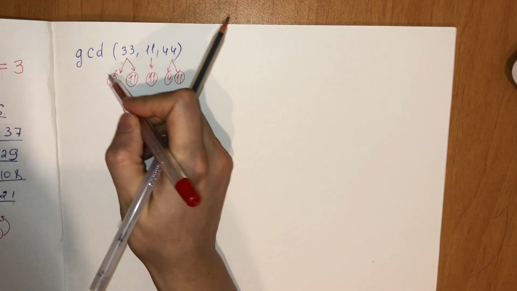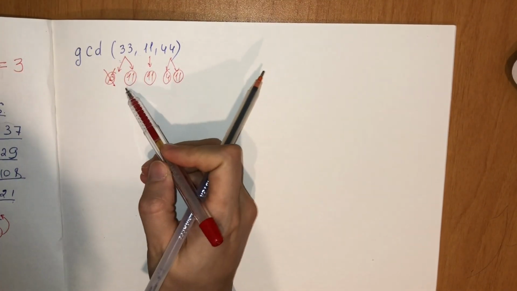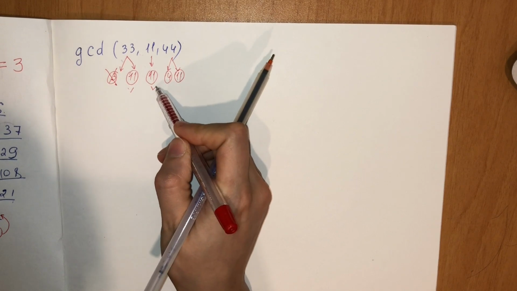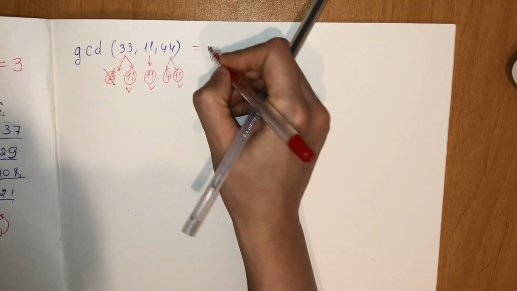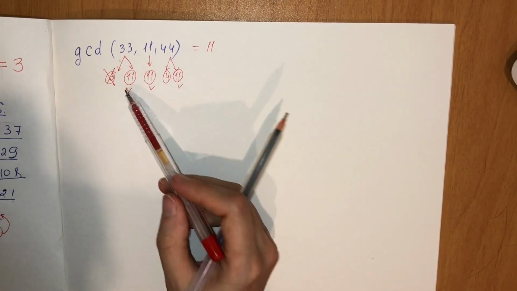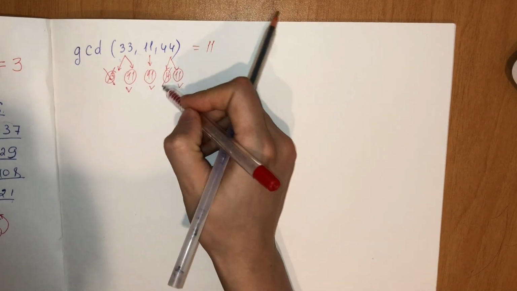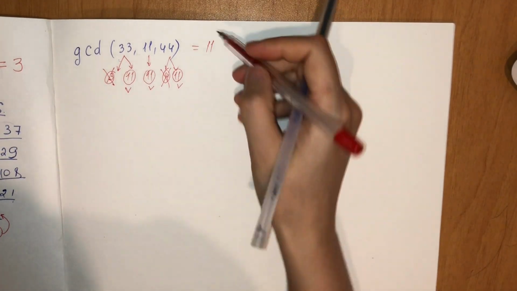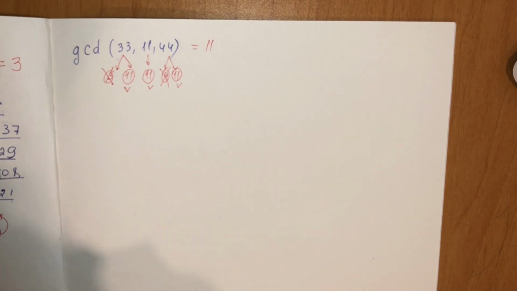So 3 is not included. 11: yes, 11 is here, 11 is here, and 11 is here. Let's write down 11. And 4 is only here, not here. Okay, 4 is not included, so the greatest common divisor is only 11.